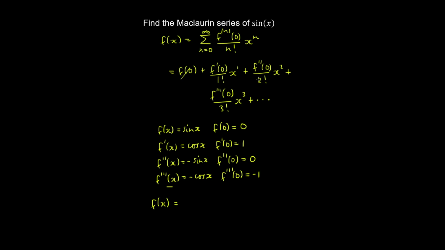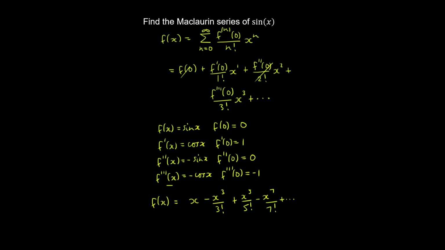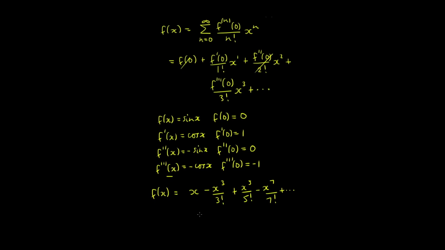where f of 0 and f double dash of 0 is 0. So if you keep cycling the derivatives, the next one's going to be x to the 5 on 5 factorial and so on. And now we can write this as an infinite series. So we have minus 1 to the power of n, which cycles through positives and negatives.